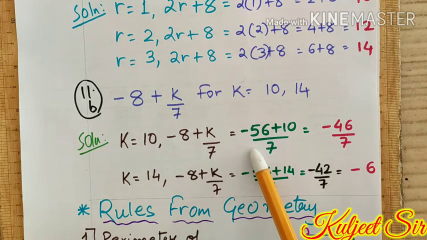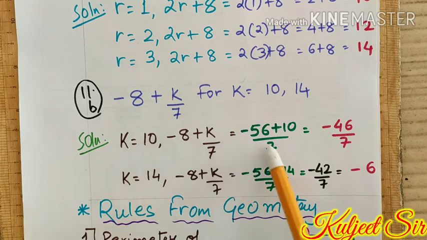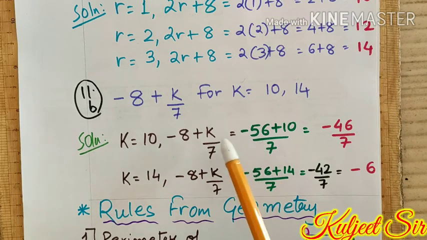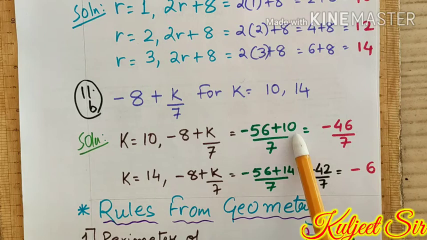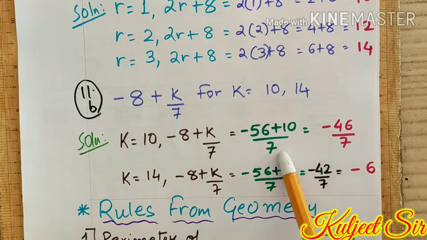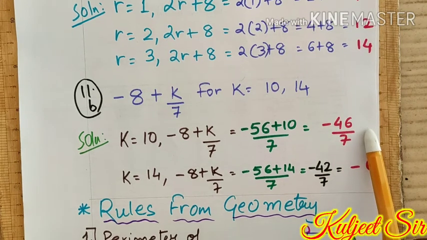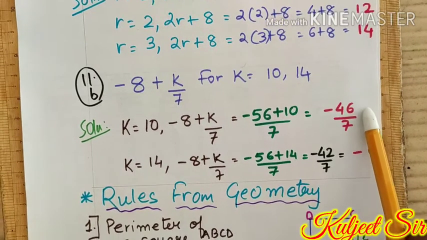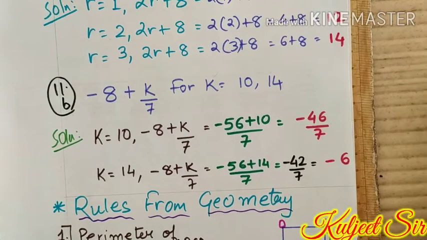So as you can see, I have got minus 56, because 7 8s are 56, plus the value of k as 10. Minus 56 plus 10 will give me minus 46, and the denominator remains the same. So when I substitute the value of k as 10, my answer is minus 46 upon 7.